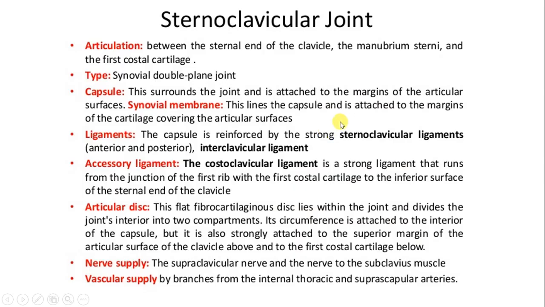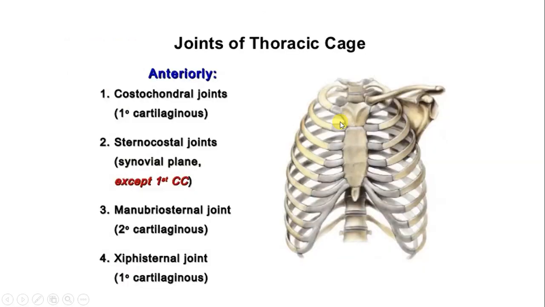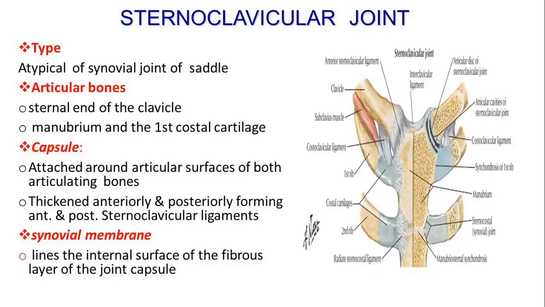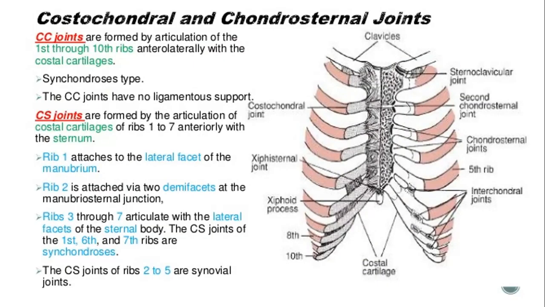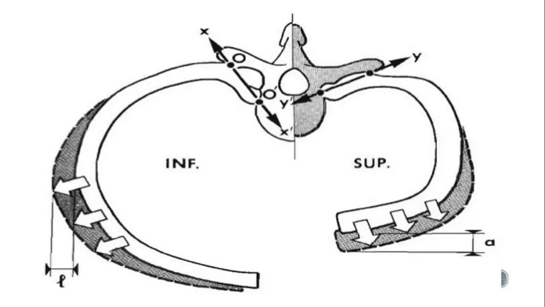Now, in the next lecture we will discuss the other joints of the thoracic cage: the sternoclavicular joint, the manubriosternal and xiphisternal joints, then the joints of the ribs and the costochondral joints with the sternum. In the next lecture we will also study movement.